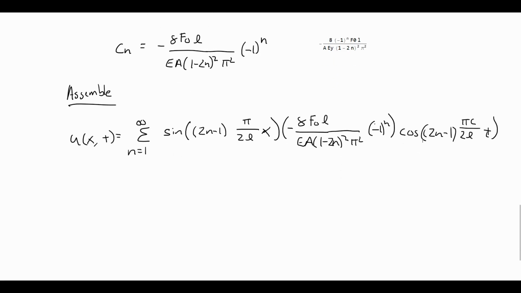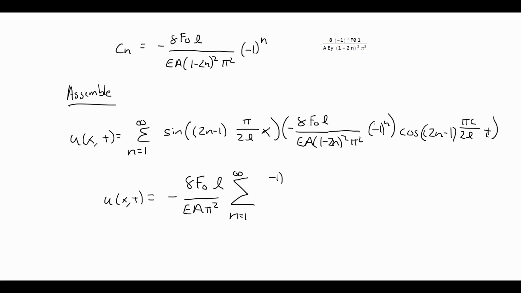All right, so that is that full solution. And I can write it a little bit more compact. I can take some things out here. So the negative and the 8 can come out. F naught is a constant. The L is a constant. Those all can come out. The E and the A and the pi squared, those are going to be constants, so those all get dragged outside of this summation.